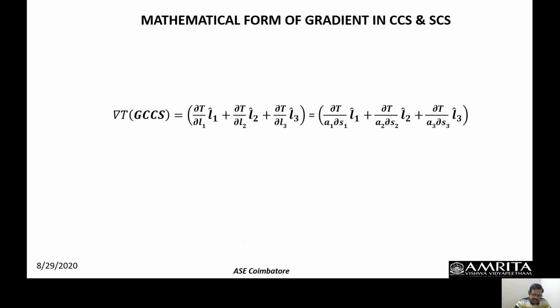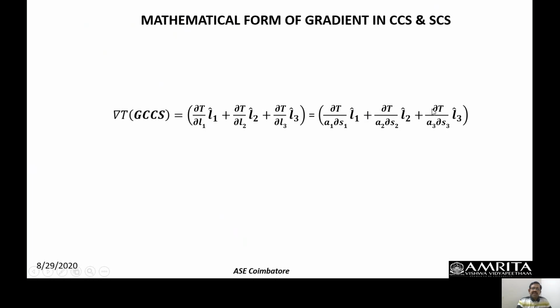Here I take t as the scalar function, and in this case, I will write the generic form as ∂t/∂L1 L1 hat plus ∂t/∂L2 L2 hat plus ∂t/∂L3 L3 hat. Now, if I expand these partial derivatives for ∂L1, ∂L2, ∂L3, I will get A1 ∂S1, A2 ∂S2, A3 ∂S3.